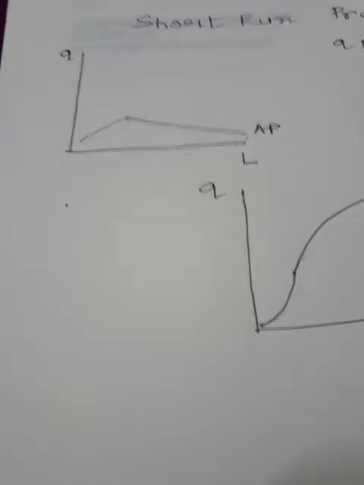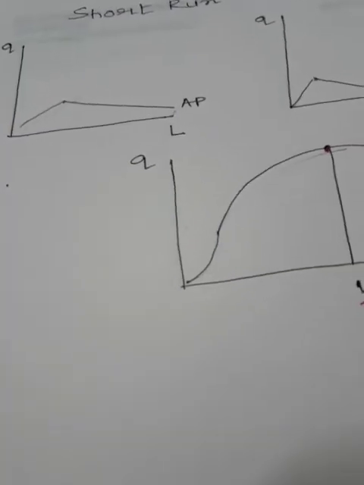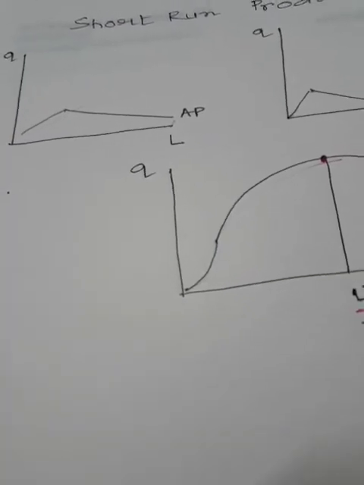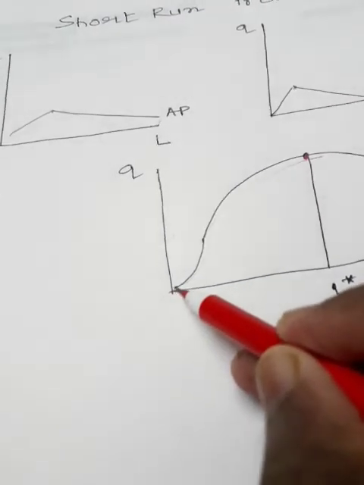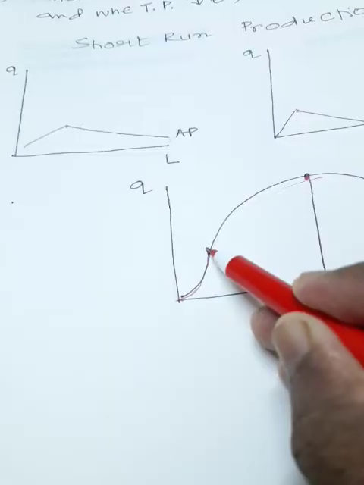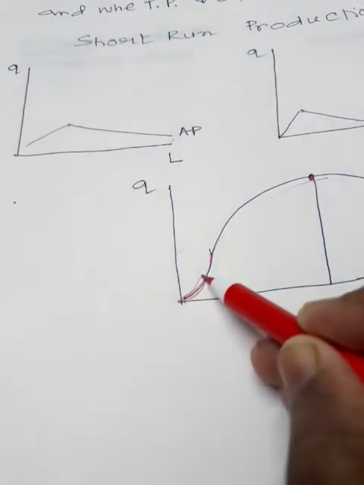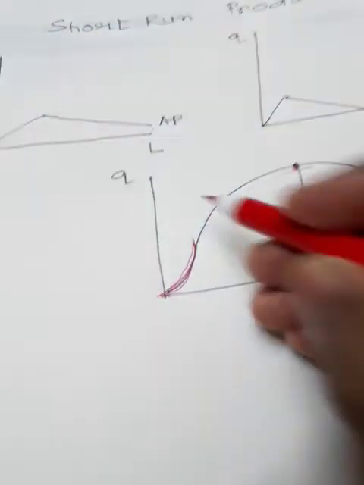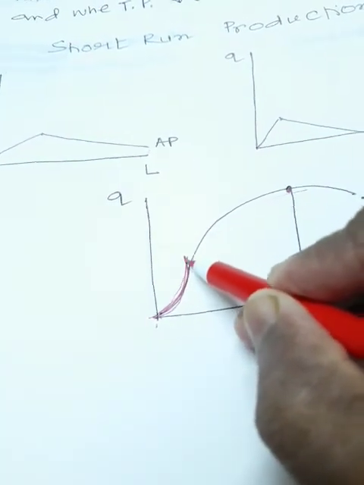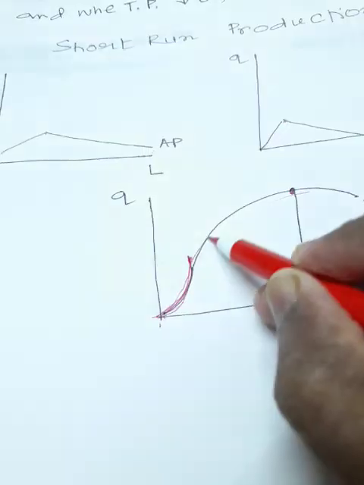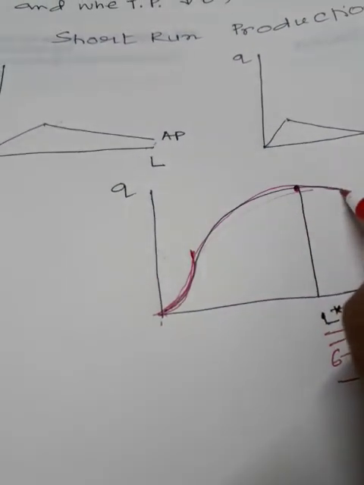But here there is a very important thing that I have to show you. You can see here this curve. Look at the shape of the total product curve. At first this is convex and then this is concave.